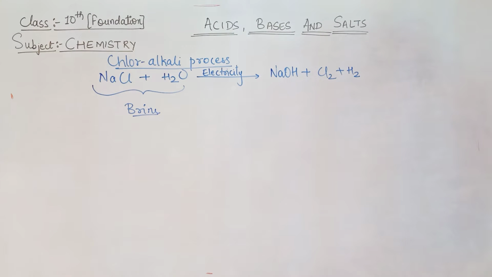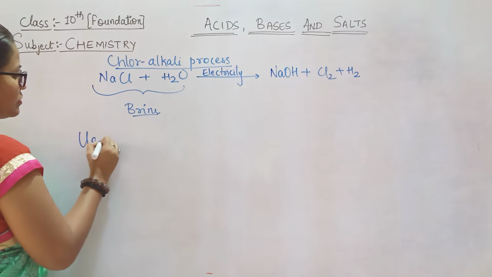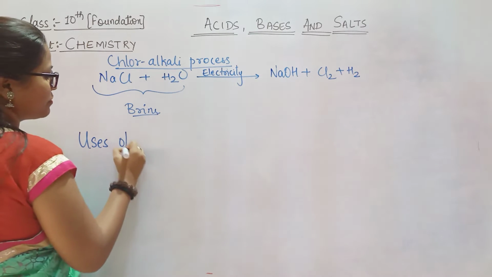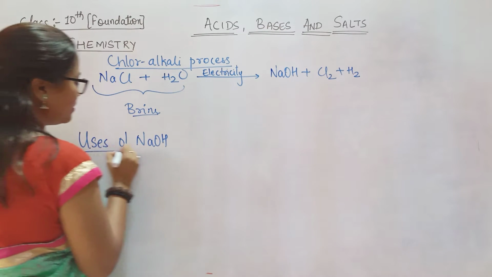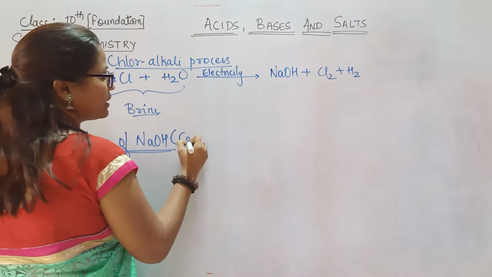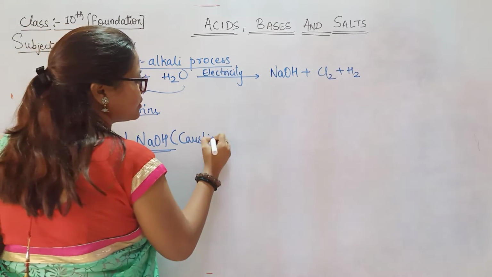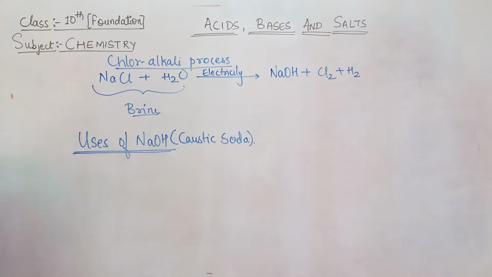Now, we'll start with the first one, that is uses of NaOH. A very important compound. It is also known as caustic soda or sodium hydroxide. So what are the common uses of NaOH?